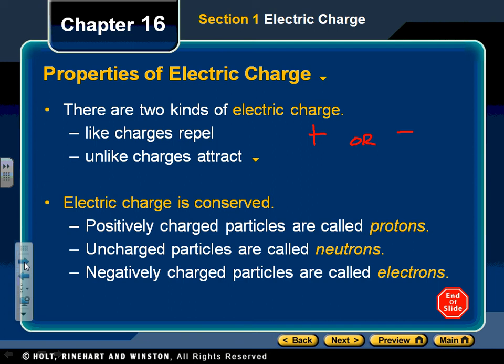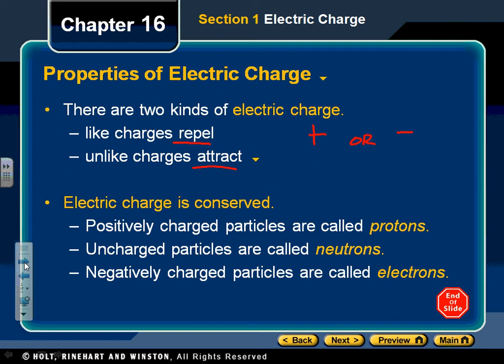So like charges are going to repel. So two pluses are going to push away from each other, and unlike charges are going to attract. So a positive will attract to a negative, and vice versa. That should not be something that's too unfamiliar to you. It's the same way magnets work, actually.